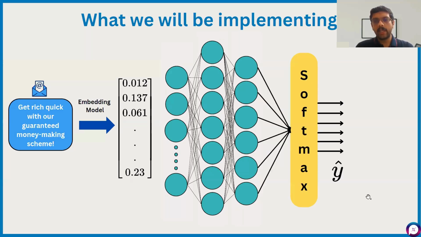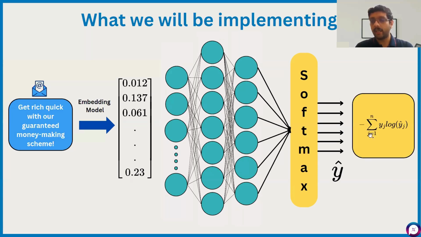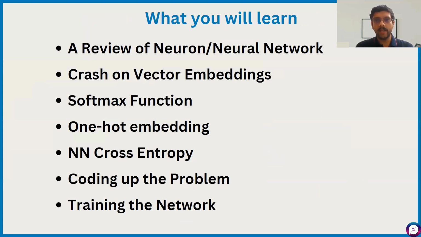Then we'll explain and implement the softmax, and then the NN cross-entropy, and then we'll train. By the end of it, you'll understand how each of these pieces works in quite a bit of detail, and you will be able to take this understanding and apply it to other classification problems.